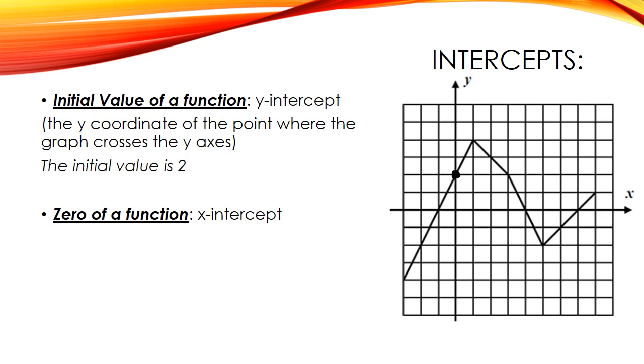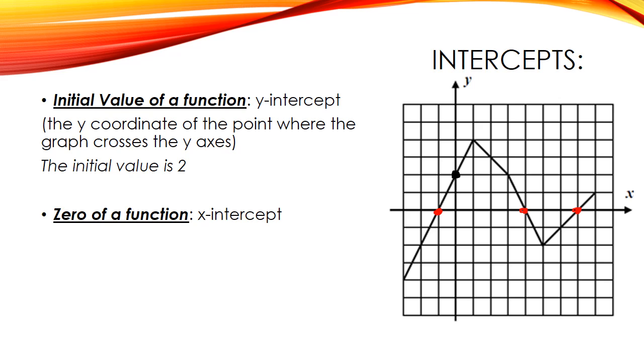The zeros of the function are the x-intercepts. And if we look at the graph here, we'll find out that we have 3 x-intercepts where the graph crosses the x-axis. This is one of these points. That's the second zero. And this is the third zero.